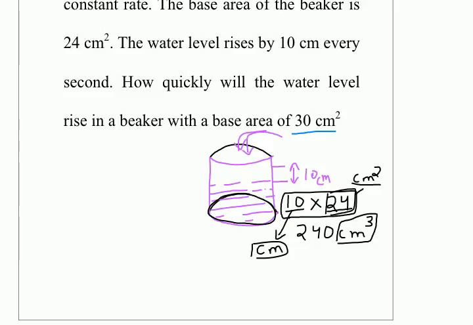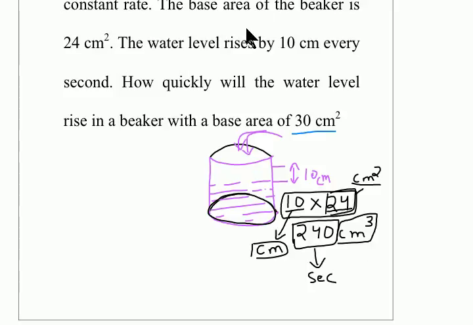The reason units are important is that they prevent you from making silly errors when complicated situations are set. So going back to the problem, the water that is coming in is 240 centimeter cube per second.